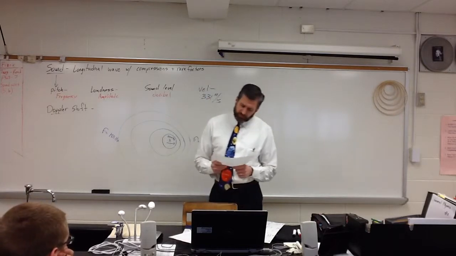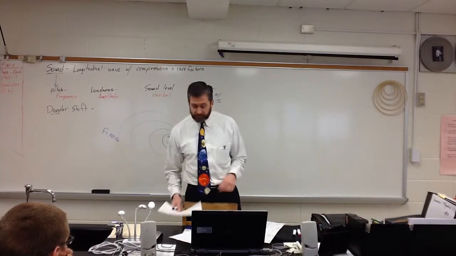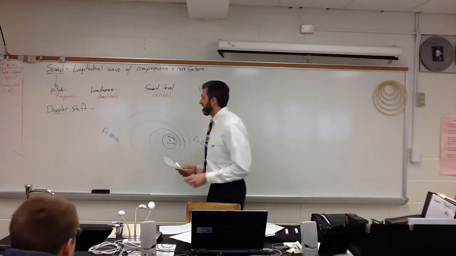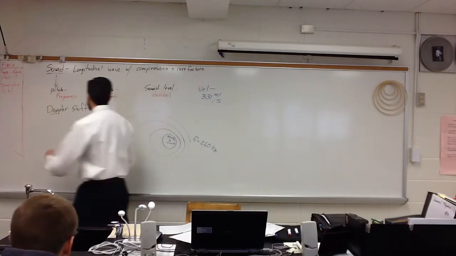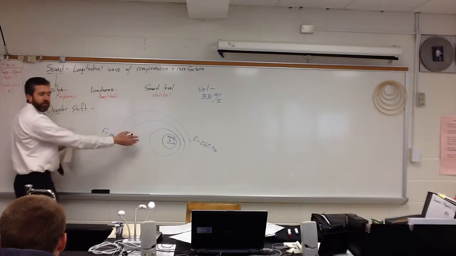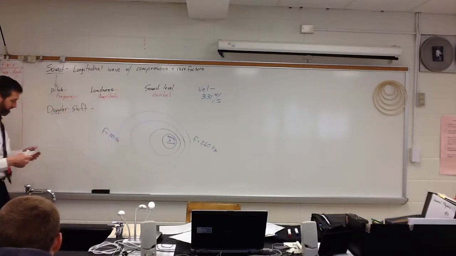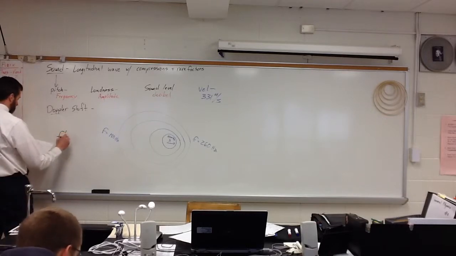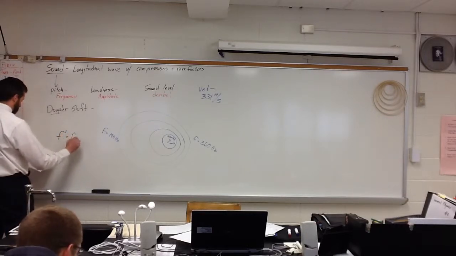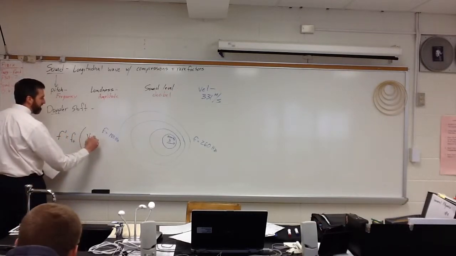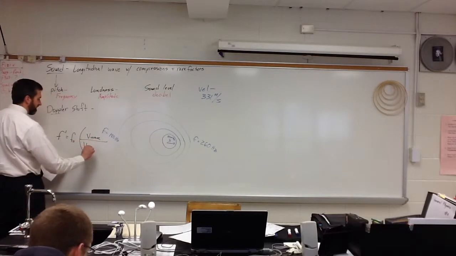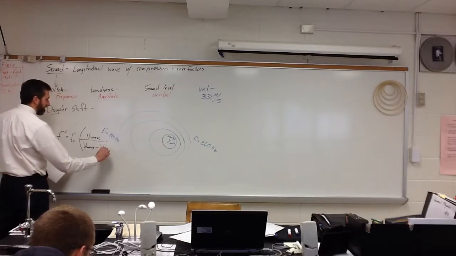Well, as you may guess, there's an equation to figure this all out, because we are in physics class. If you want to know what the frequency is over here, the part where it's all stretched out, you're going to use f prime equals f naught times v wave divided by v wave minus v source.